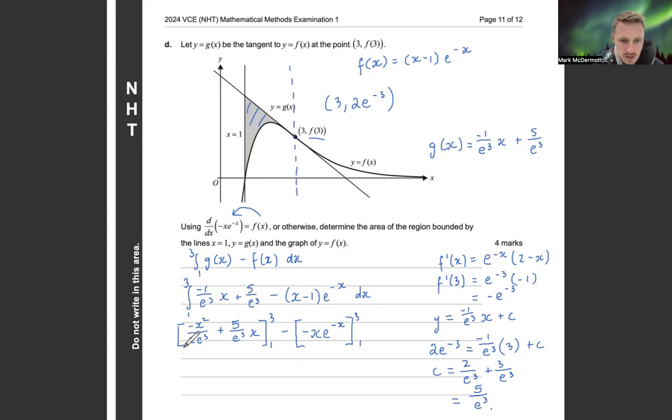Okay, now you just need to crunch the numbers. Sub in 3. You just got to do this very carefully. So it's going to be negative 3 squared on 2e cubed plus 5 on e cubed by 3. That's just the first part, minus.